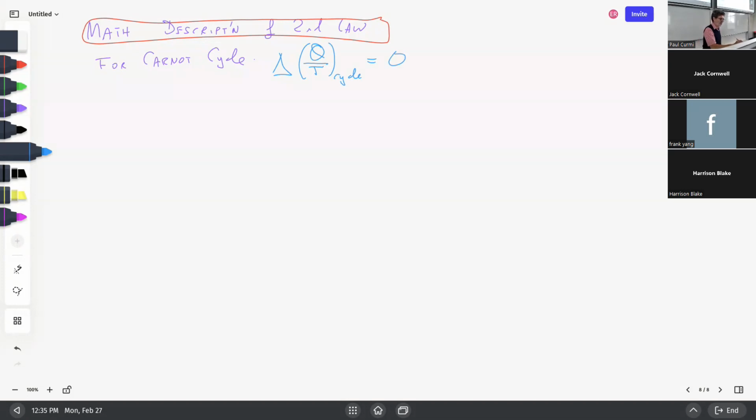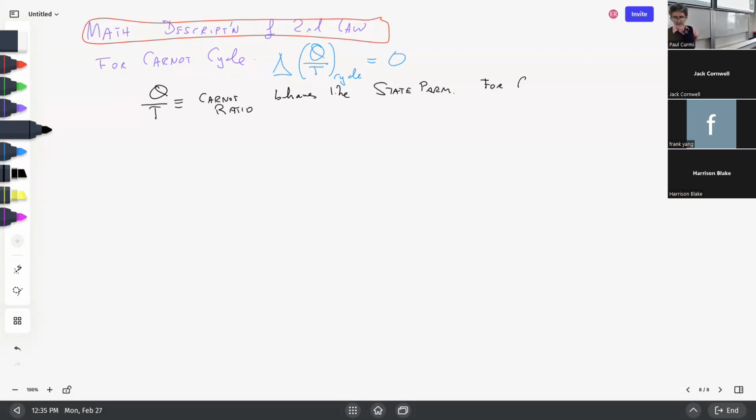So this thing, Q on T, is going to be defined as the Carnot ratio. And it behaves like a state parameter for a reversible process. Okay, if it's irreversible, it doesn't mean anything.